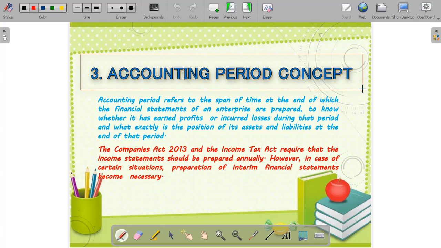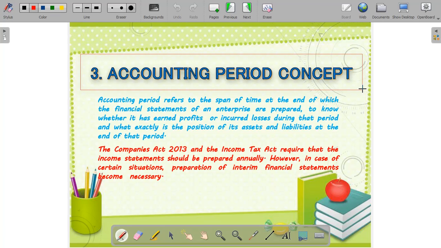So, the performance of the business enterprise is measured at regular intervals, and that period is known as the accounting period concept, right? In this accounting principle, the accounts of an enterprise are maintained following the going concern concept we know, which says that the business is intended to continue for an indefinite period of time.